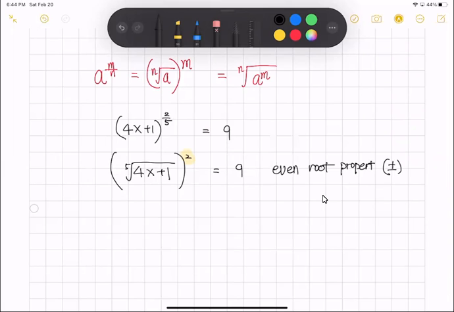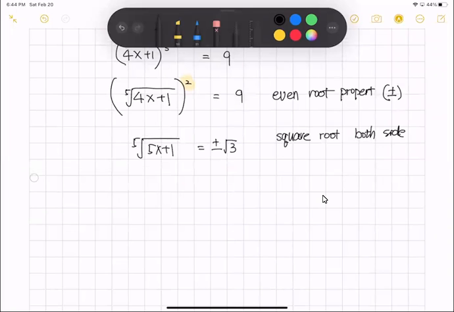So I square root both sides. I have the fifth root of 4x + 1 equals positive and negative square root of 9, which is 3.